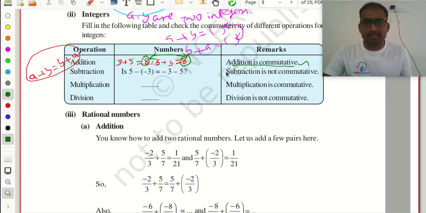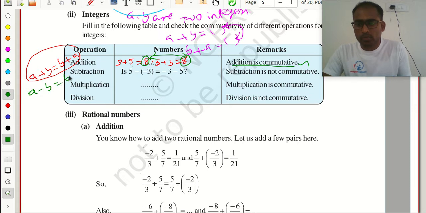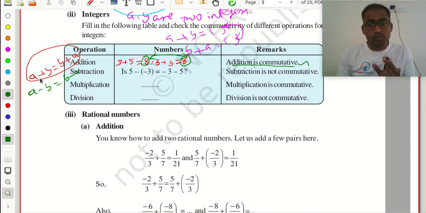Clear? Next, for subtraction. In subtraction, what I told, it has to be satisfied: a minus b is equal to b minus a. Then a and b are integers, and a minus b is also an integer, and b minus a also has to be an integer.